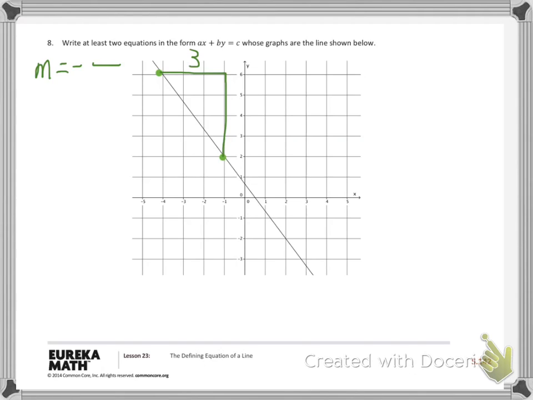This distance is 3 and this is 4. Okay, there's another point down here. So that means my slope is the vertical change, or the change in y, over the change in x. So this slope is 4/3 and it's negative 4/3.